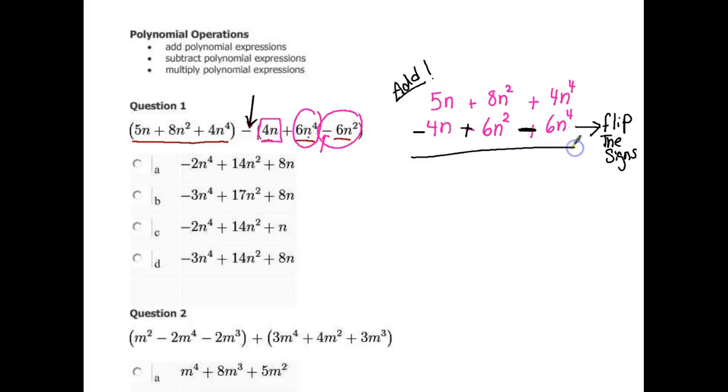So, you say 5n plus negative 4n, or basically 5n minus 4n, is simply n. Just like saying 5 bananas minus 4 bananas is just a banana. Now, 8n squared plus 6n squared. 8 monkeys plus 6 monkeys is how many monkeys? 14 monkeys.